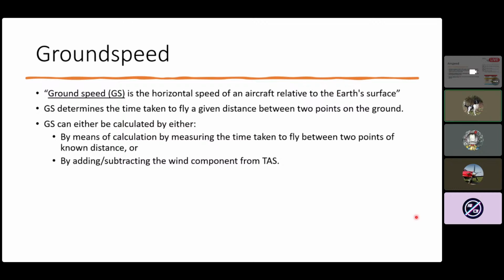You can also add or subtract the wind component from the true airspeed. So if you know your true airspeed, which you can calculate in the air using a computer, and you know your winds, you can do a quick sum and you can calculate your ground speed.